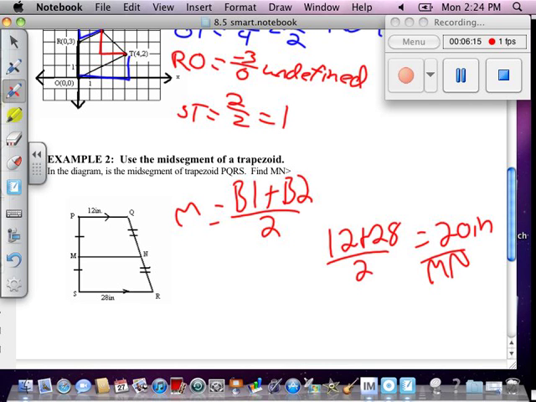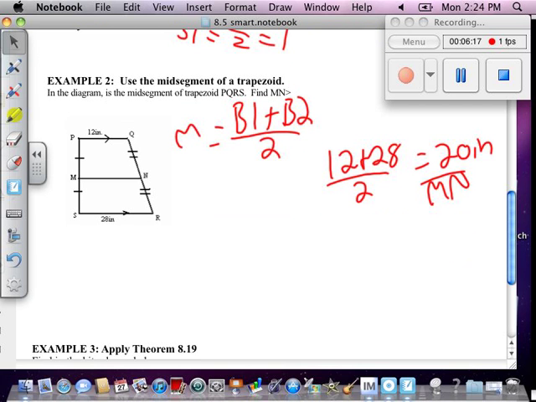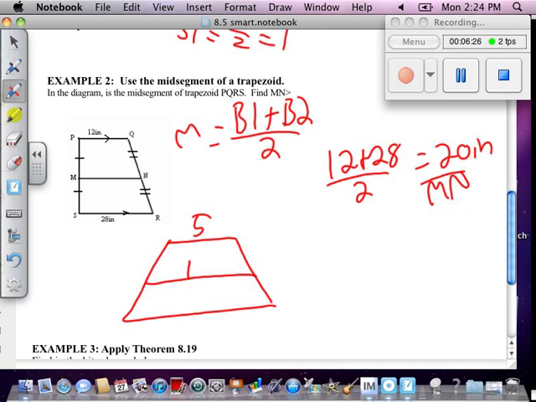I'm going to show you one more thing because you've got something like this in your homework. What if I have a trapezoid where this is 5, this is 10, I don't know what this is. How would I figure out the base? What are my bases? 5 and what? (5 + X) over 2 equals 10. 2 times 10 is 20.